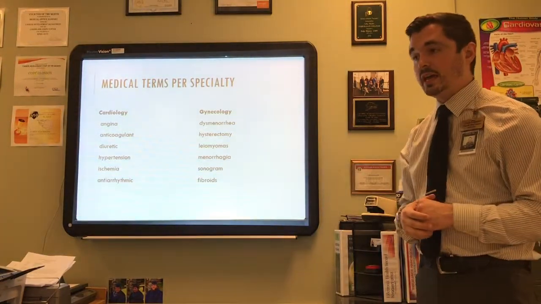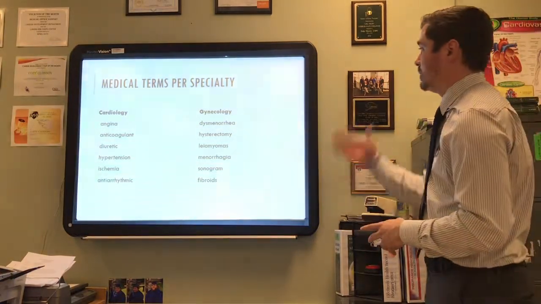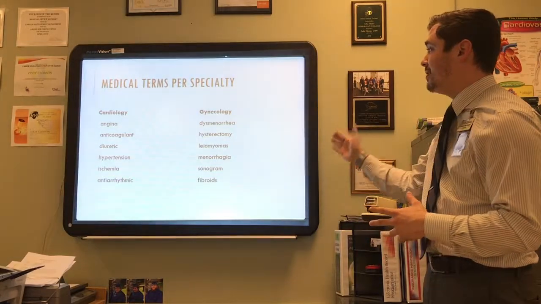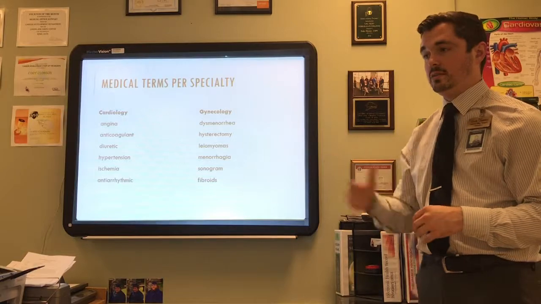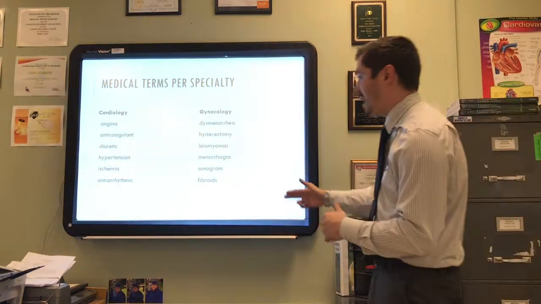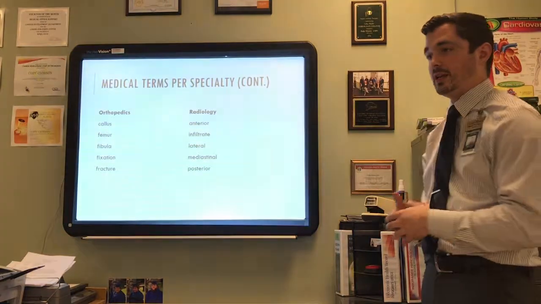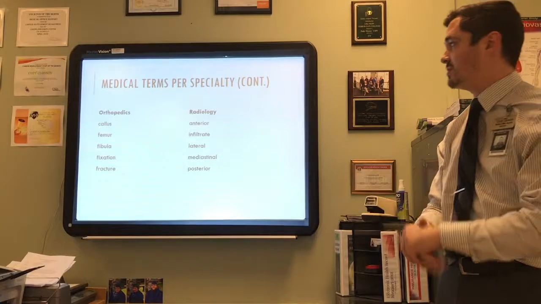Ischemia and antiarrhythmic. If you're working at a gynecology clinic, you'll see words like dysmenorrhea or hysterectomy or leiomyomas, menorrhagia, sonograms, or fibroids. If you're working in orthopedics, which deals with your bones, okay, they're going to deal with your callus, femur, fibula, which are both bones, fixation, fractures, those types of things.